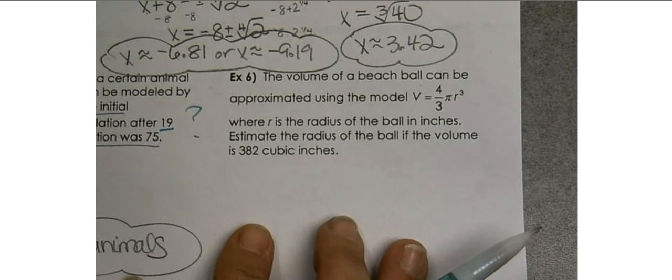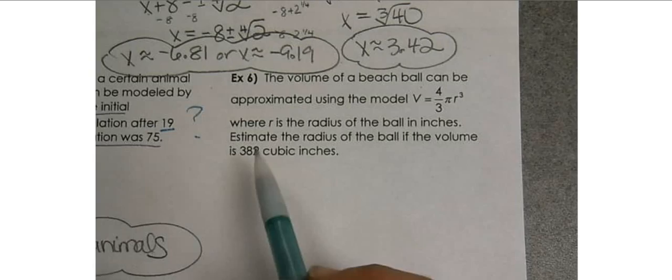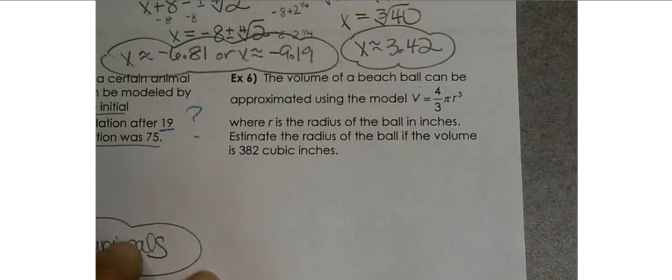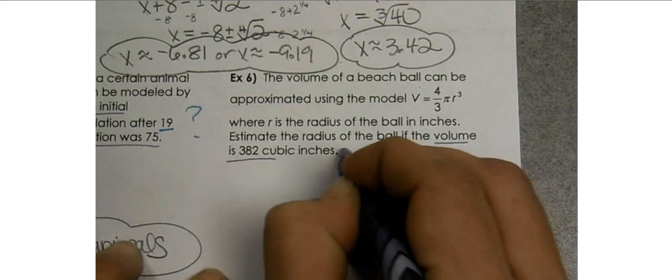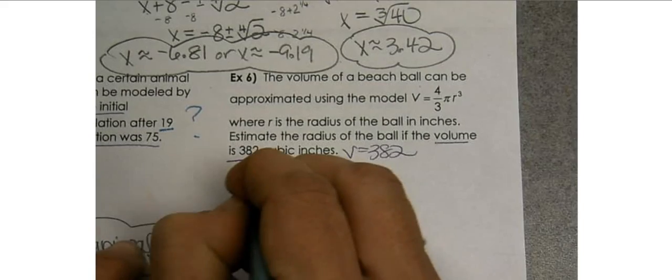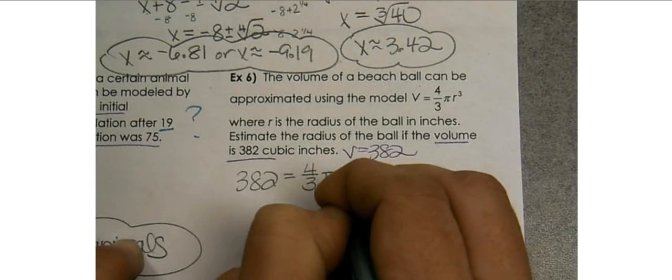And then in example 6, the volume of a beach ball can be approximated by using V equals 4/3 pi r cubed, since that's the volume of a sphere. R is the radius of the ball in inches. It wants us to estimate the radius if the volume is 382 cubic inches. So let's put 382 in for V. So we would say 382 equals 4/3 pi r cubed.